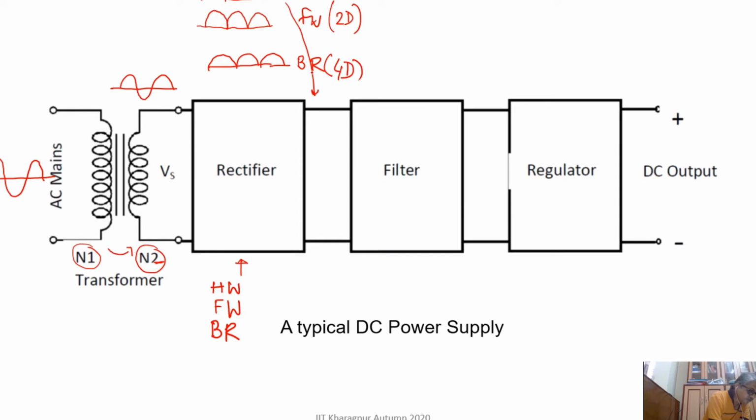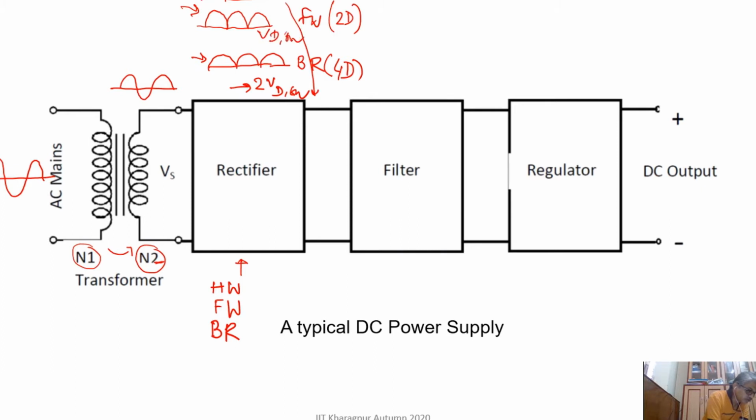And in case of bridge rectifier, in each half the signal goes through 2 diodes, so there will be a loss of 2 VD on, whereas in this case in each half the signal will go through 1 diode, so there is a loss of 1 VD on, right?